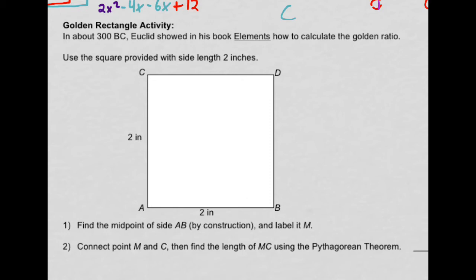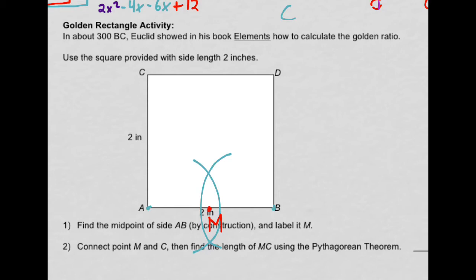So if we're finding the midpoint here, we're going to take these 2 points, and remember we're going to take our compass and swing 2 arcs right here, and then that point in the middle is going to be our midpoint. And then we're going to label it M. Then connect the point M and C and find the length of MC using the Pythagorean theorem.